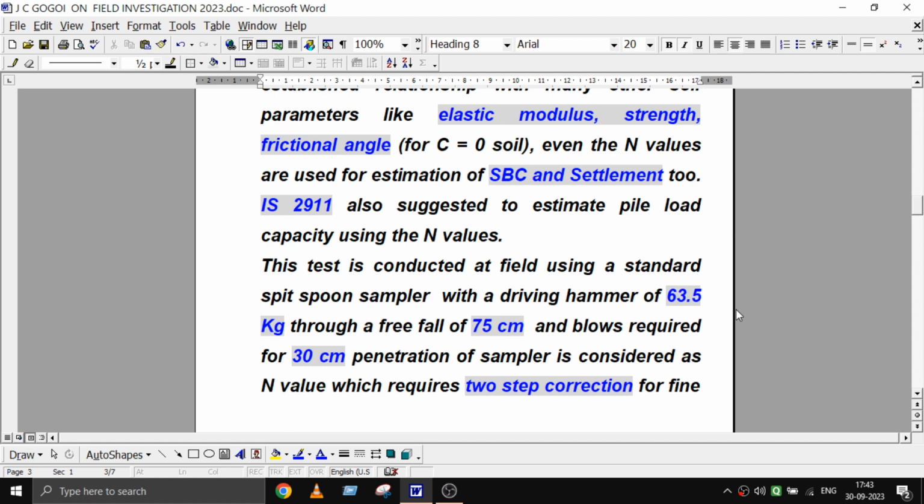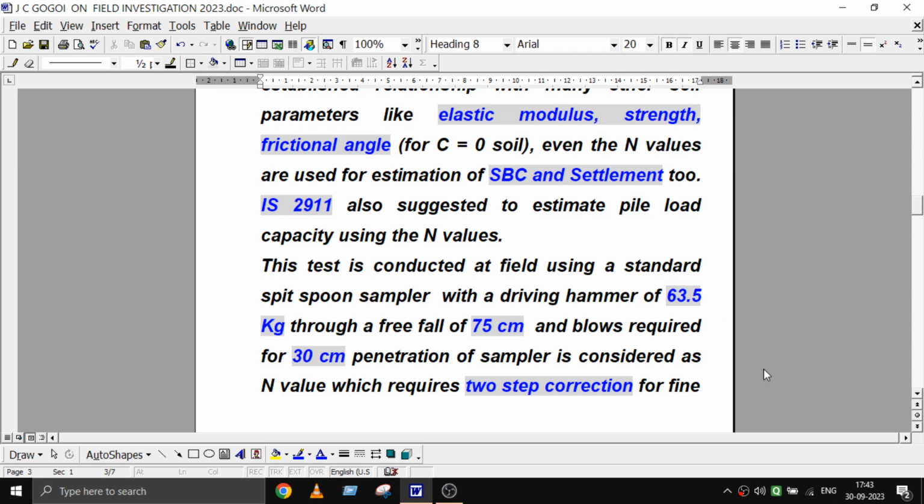The number of blows required for the second and third 15 centimeter, that is 30 centimeter, shall be considered as the N value.